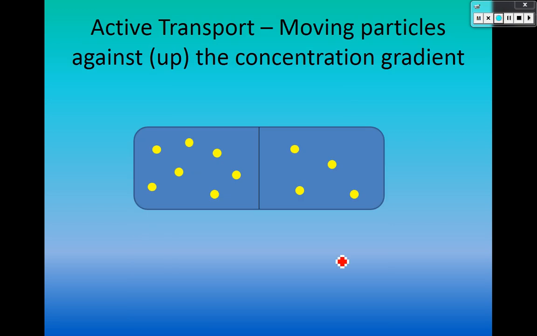Then we have active transport. Active transport is moving particles against or up the concentration gradient. So what we just saw, and it made sense, is that particles should naturally flow if this is a semi-permeable membrane, meaning a barrier that keeps some things out but lets other things through.